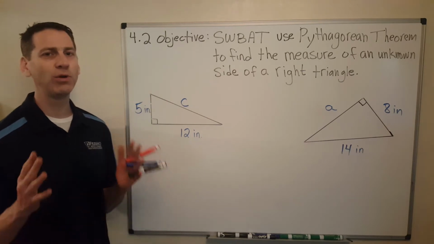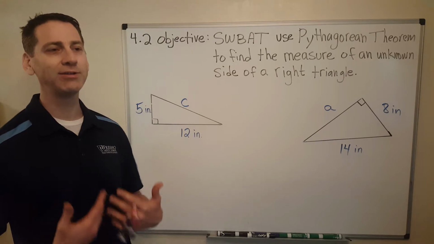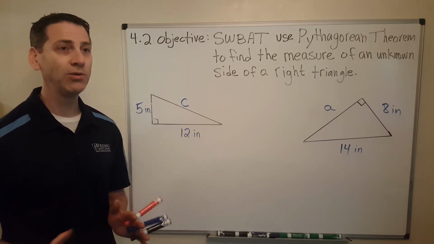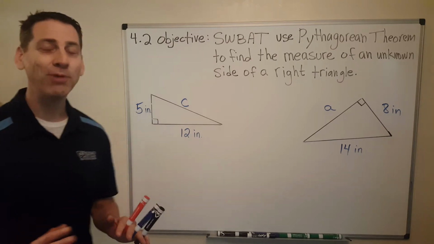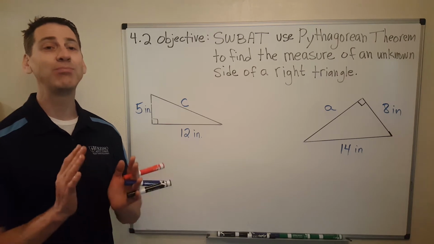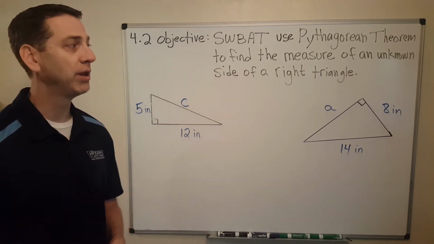Okay, so first of all, what's a right triangle? Well, to understand what a right triangle is, you have to understand what a right angle is. A right angle has nothing to do with it being right or wrong. Right angle simply just means that it is 90 degrees. It's a perpendicular angle. Okay, you see these all over the place.